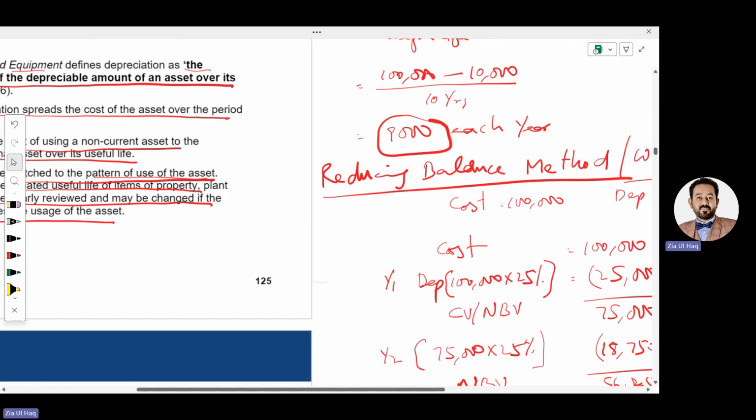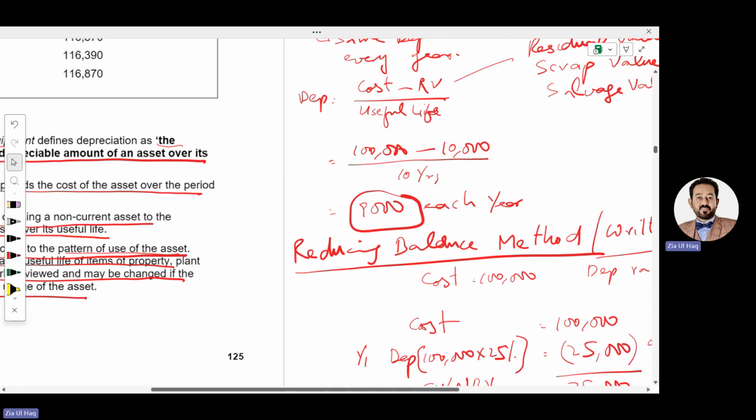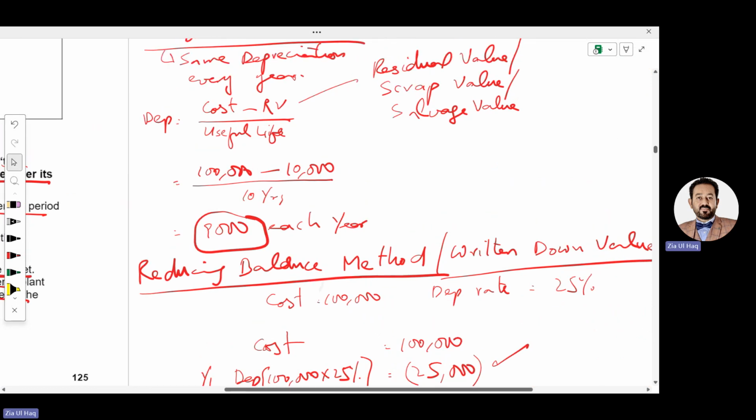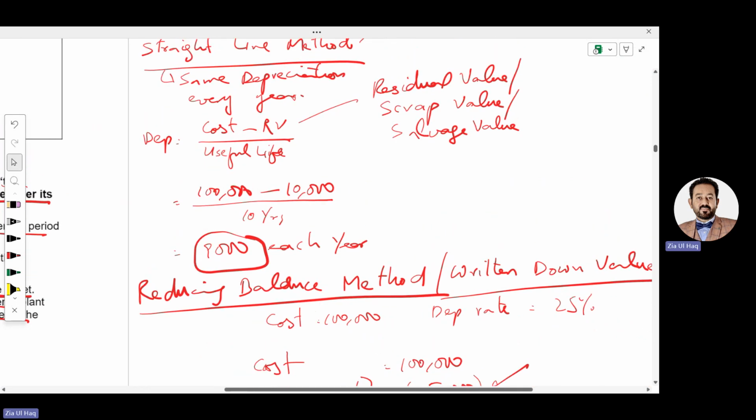Suppose you bought an asset for 100,000 and estimated its useful life as 10 years. But after 3 years of usage, you realize this asset has become too old. It will not run for 10 years. After 8 years, it will be finished.